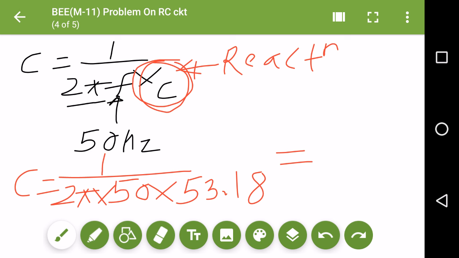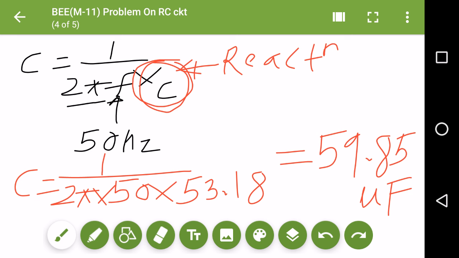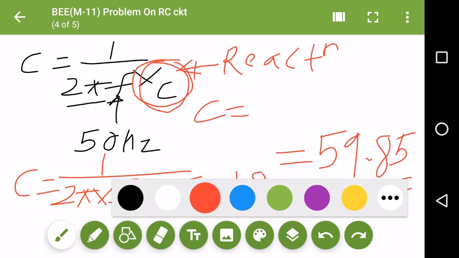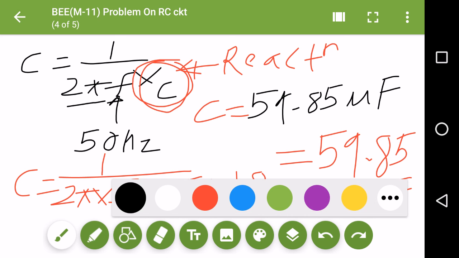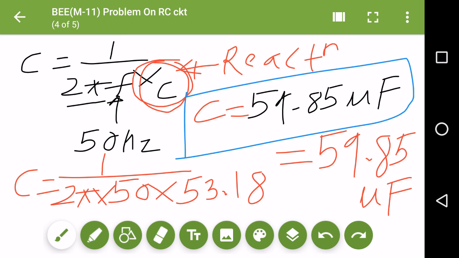Solving this on the calculator, I get the value of C as 59.85 microfarads. This is my value for C.